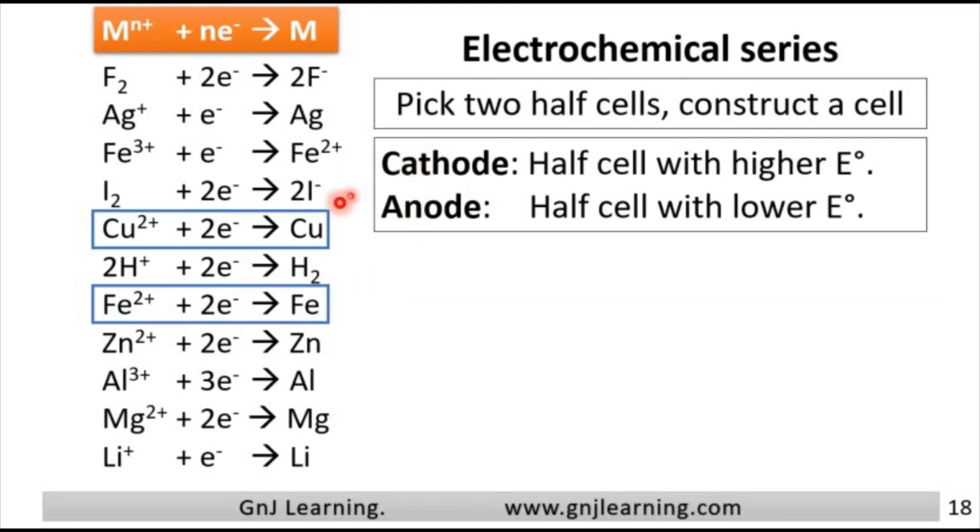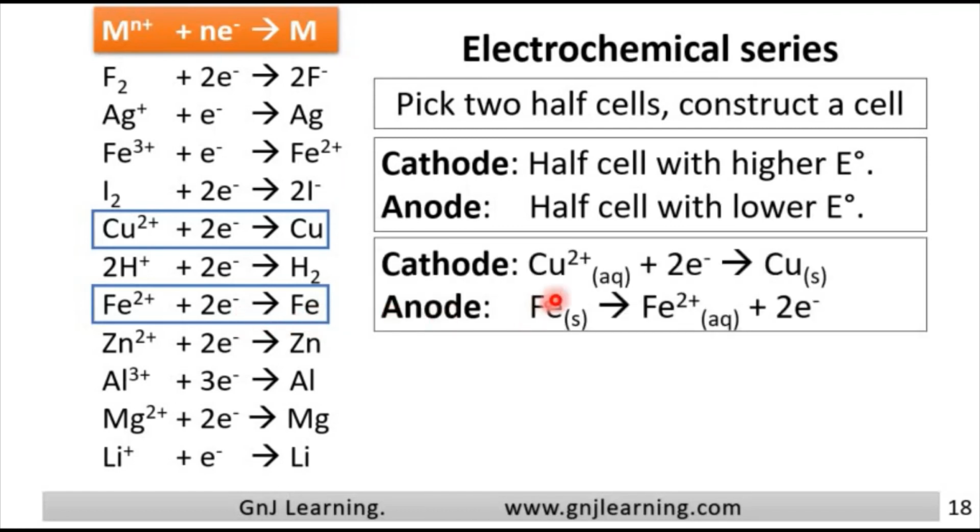So on the cathode it is a reduction reaction as shown here, but on the anode it is oxidation, the opposite of this reaction. So you can see Cu2+ taking 2 electrons to become Cu metal. This is the reduction reaction happening at the cathode.